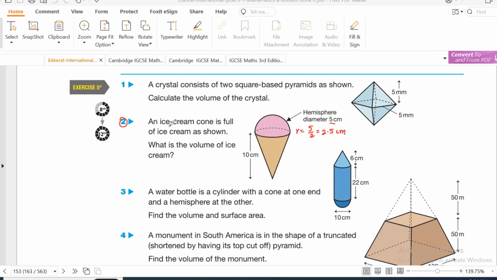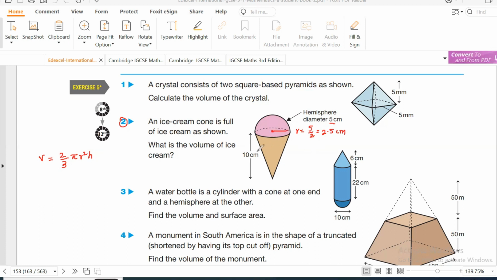Now we are looking for the volume. We need two formulas: volume of cone as well as volume of hemisphere. The formula for volume of the whole shape is volume of cone plus volume of hemisphere. Remember that r is the same for the cone as well.